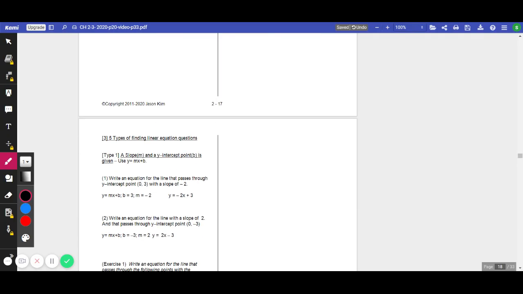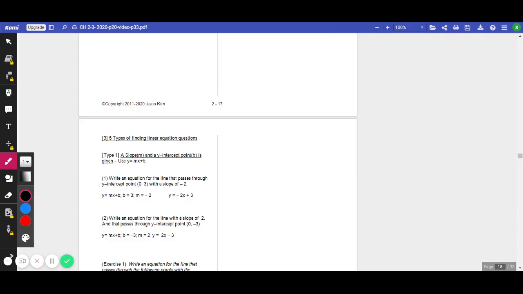Now, section 3. There are 5 types of questions they could ask to find the linear equation. And you never know which type is going to come out, so you have to recognize each type and then write an equation, because they use different ways to find the equation.